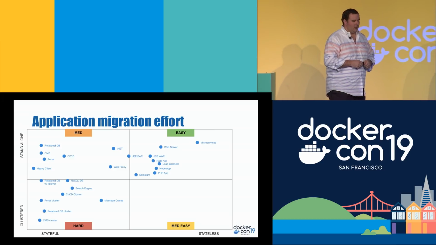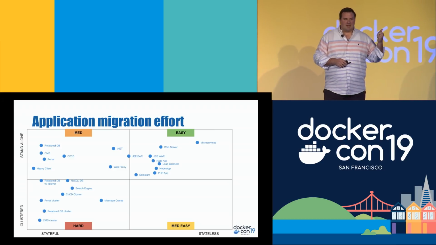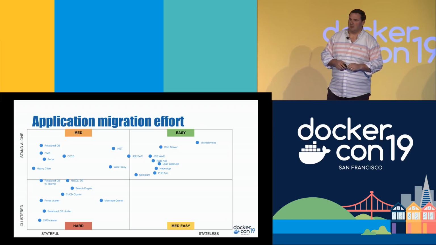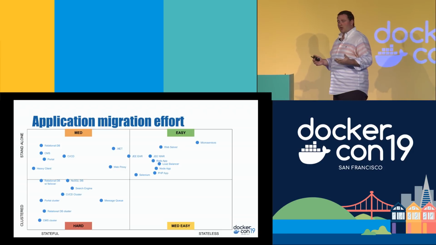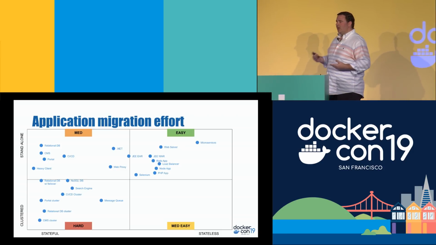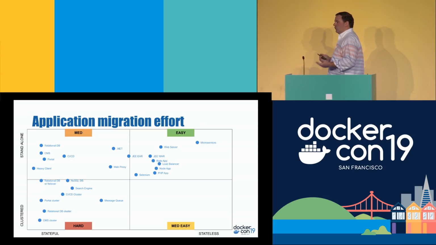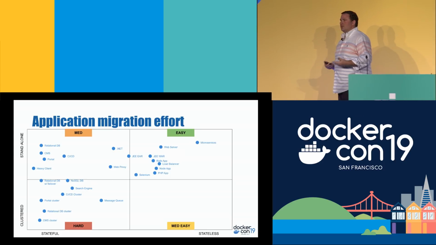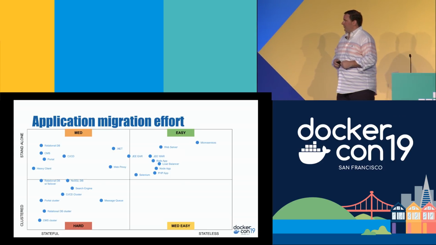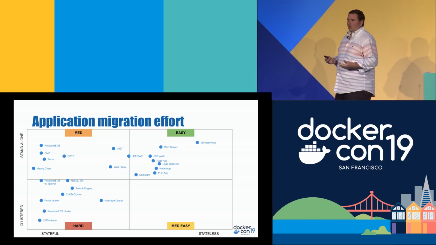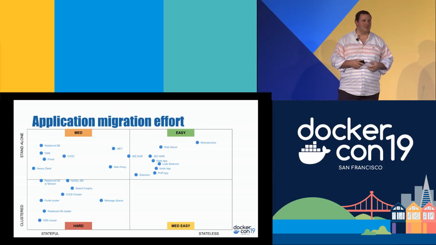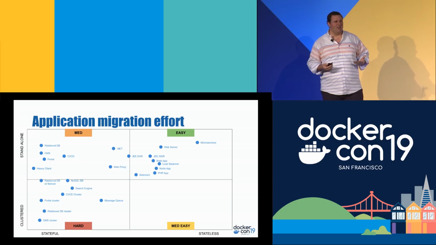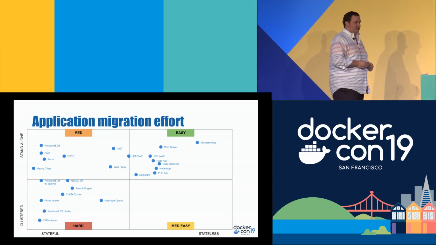But where we usually like to start is up in this top left quadrant where it says easy. These applications in that bucket are ones that are typically stateless, so we're not having to worry about persistent data and where do we store data, what's the performance of that data, all the storage considerations there. There are also applications that typically are standalone. It's not required that they coexist with other instances in a cluster type environment, so there's less interdependency amongst containers.